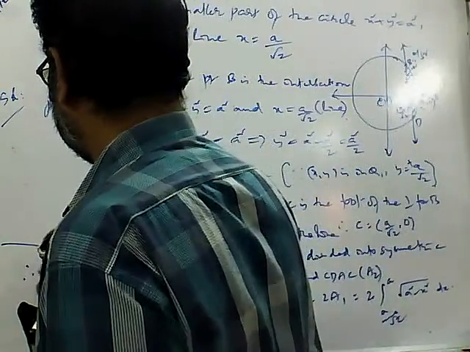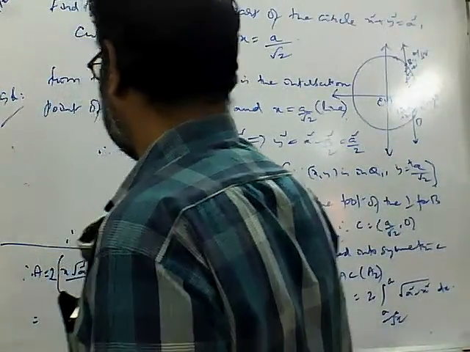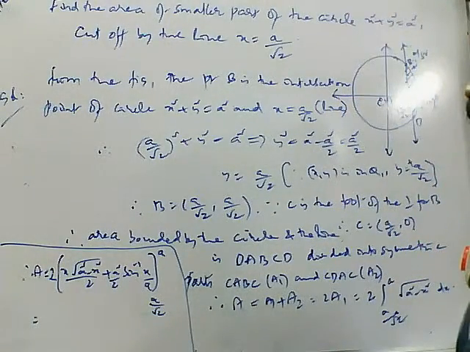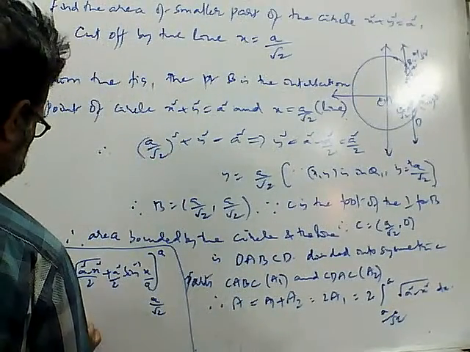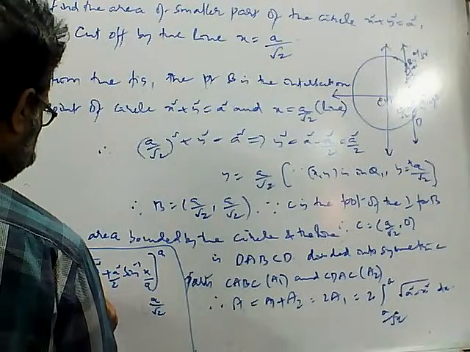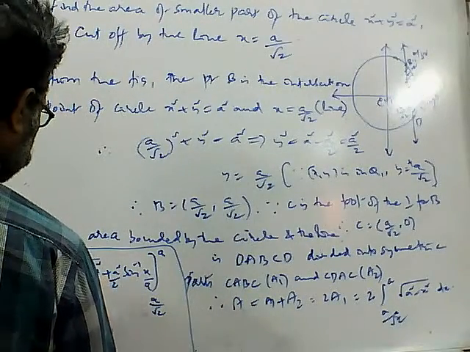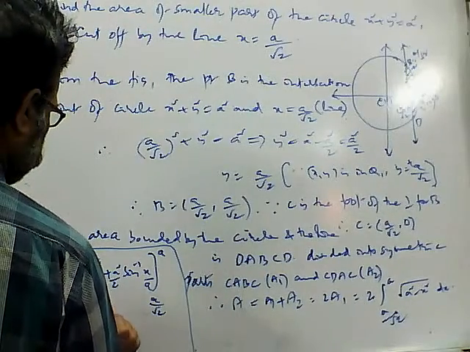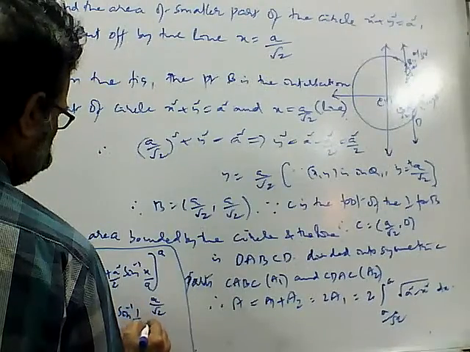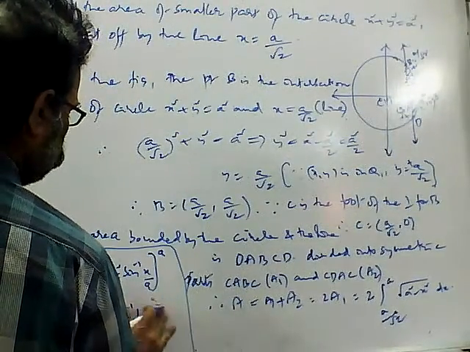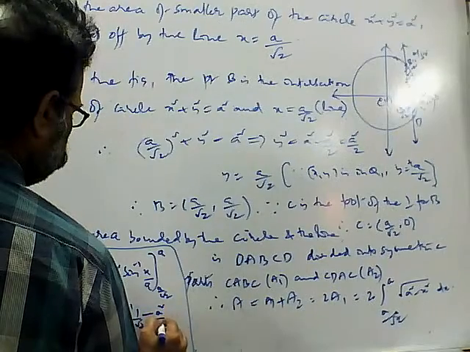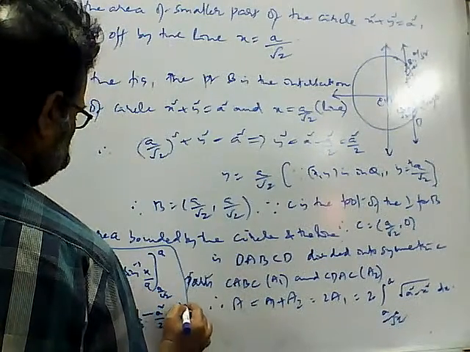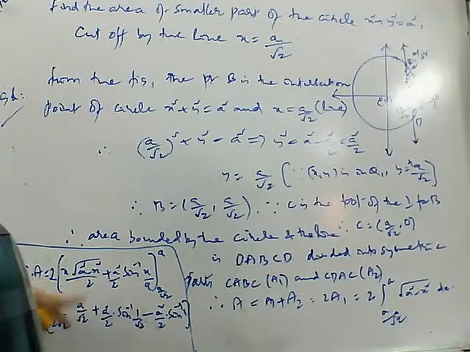That is equal to 2 into [a by root 2 into a by root 2 into a squared minus a squared by 2, that is a by root 2 over 2, plus a squared by 2 into sine inverse 1 by root 2, minus a squared by 2 into sine inverse 1], because this part will be 0, right?